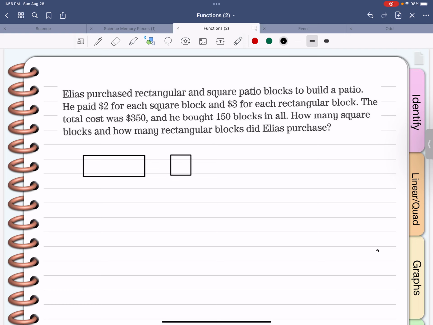Here is the square. So he bought blocks with both of these shapes. He paid $2 for each square block and $3 for each rectangular block. The total cost was $350.